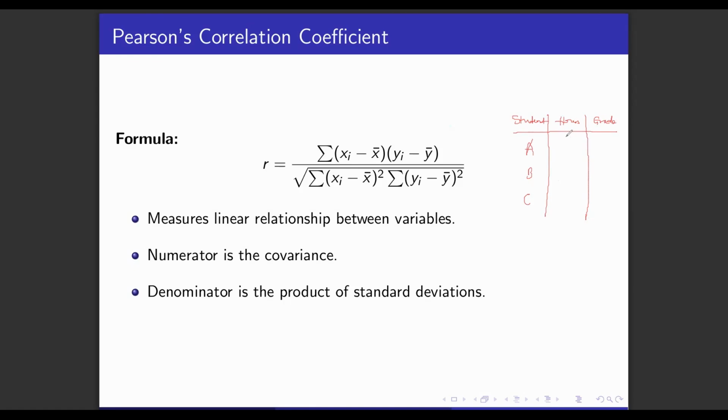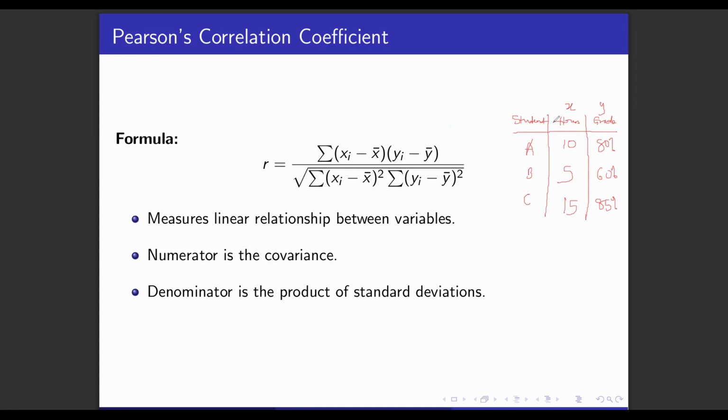This student studied for 10 hours to write the exam. This student studied for 5 hours. This student studied for 15 hours. Now, this student scored 80%, this student scored 60%, and this student scored 85%. I'll let my X variable represent the hours studied, and my Y variable represent the grade that a student got.